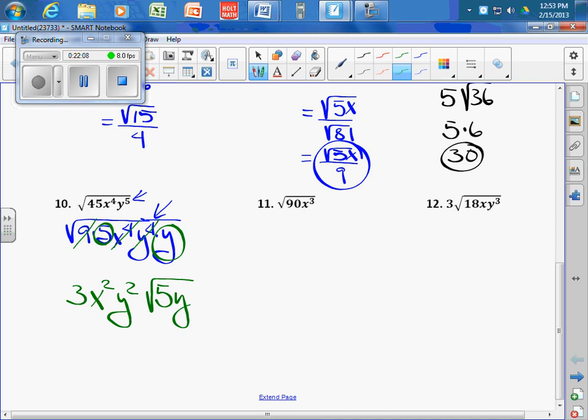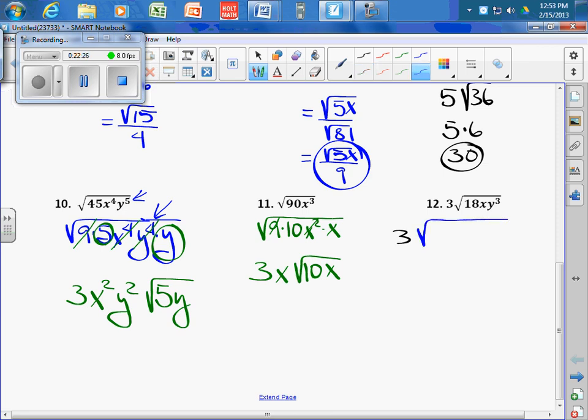In number 11, I'm going to rewrite this as 9 times 10, x squared times x. The square root of 9 is 3. The square root of x squared is x, radical 10x. And in number 12, I have my 3 that's outside. I'm going to have on the inside radical 9 times 2 times x times y squared times y.